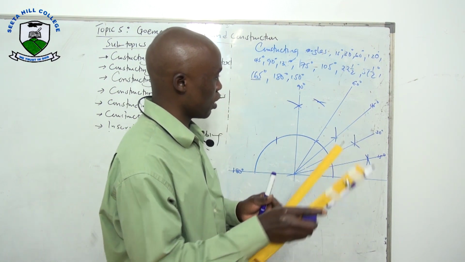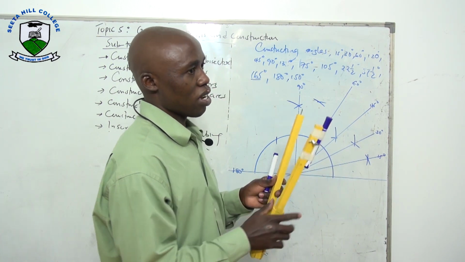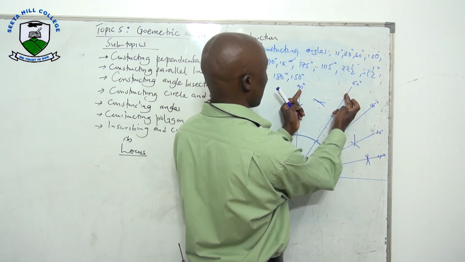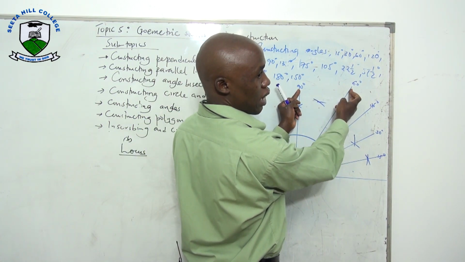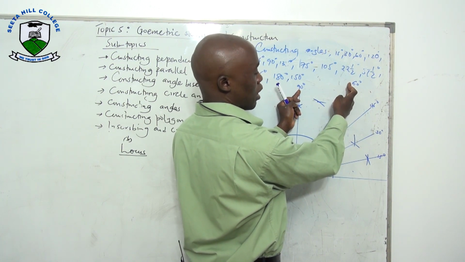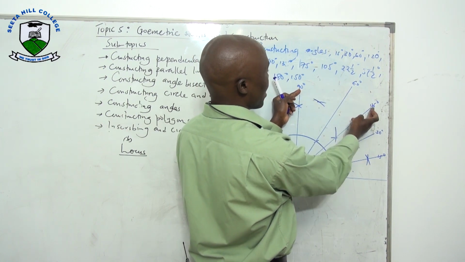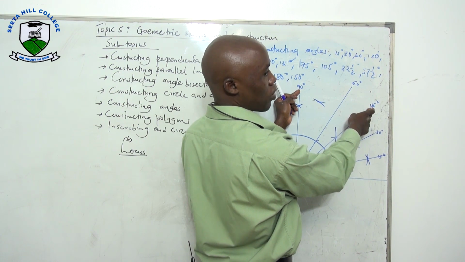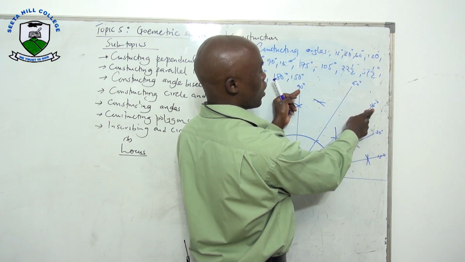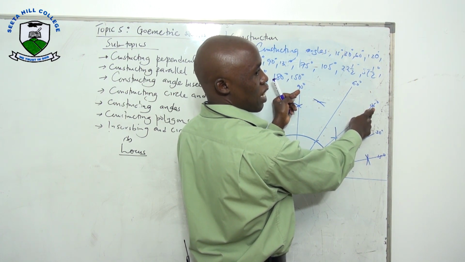I don't know whether you notice that I can get as many angles as possible. If you divide, you see between here there is 30. It's 90 minus 60 is 30, divided by 2, 15, plus 60, 75. Now what if you wanted an angle between 90 and here? 90 minus this 45, also divide by 2, 22 and a half plus 45, 67 and a half.